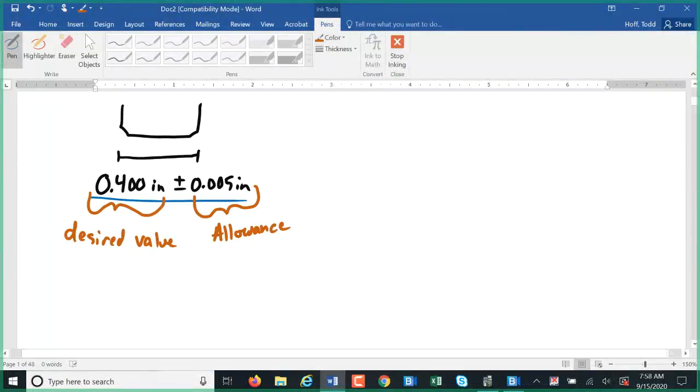I'm not going to be real strict on language in here, but I just want to point out what the proper terms are. This is implying a range, just like our measurements did.